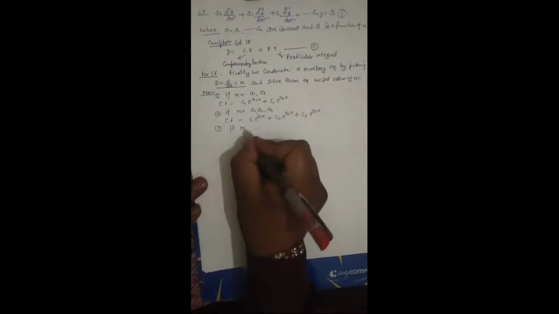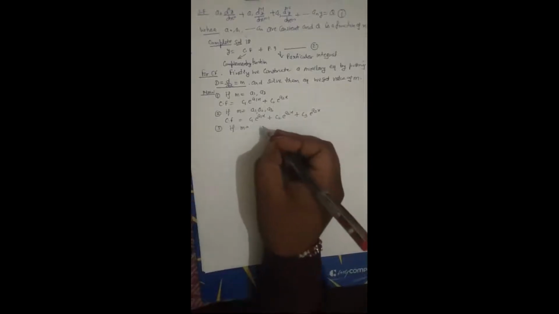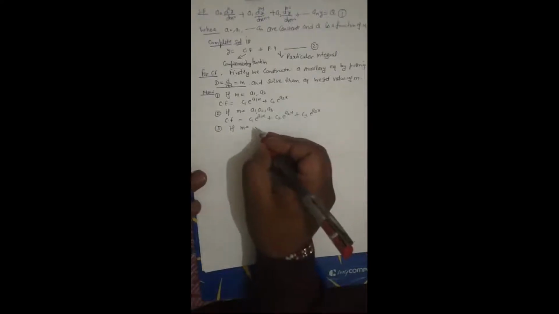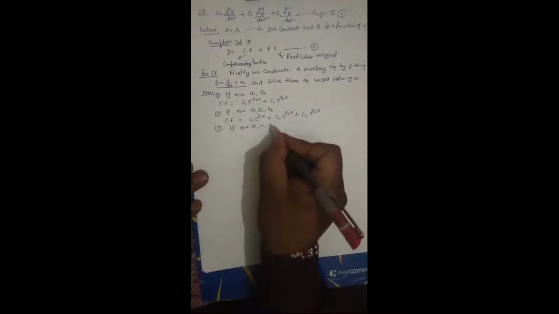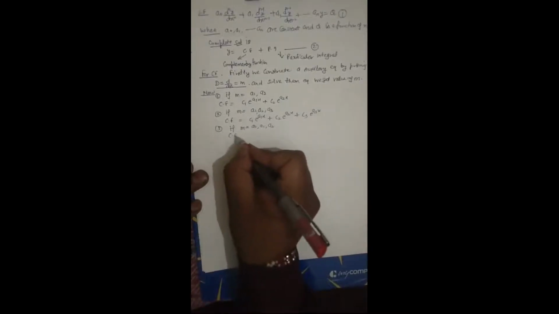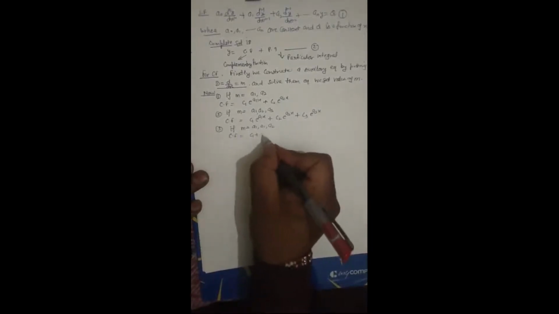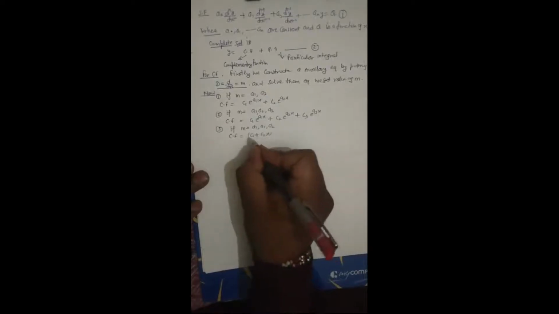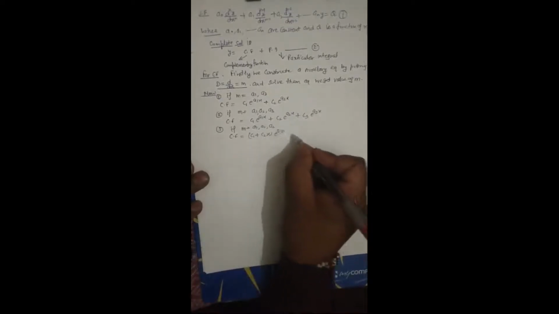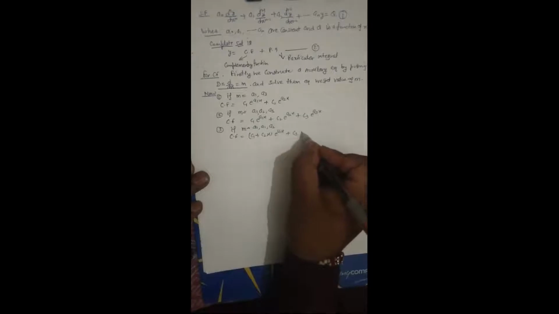If two roots are the same and the third root is different, that is a1, a1, a2, then CF can be written as (c1 plus c2 x) e^(a1x) plus c3 e^(a2x).